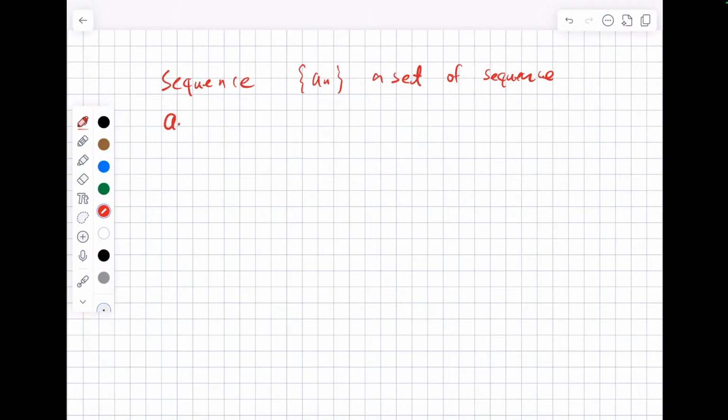So it's gonna be A1, A2, A3, A4, dot dot dot. That n is a positive integer, which is a natural number. We already did this, right?